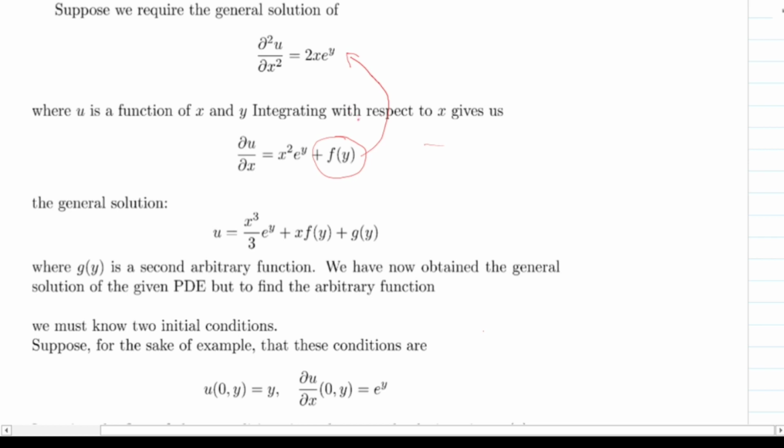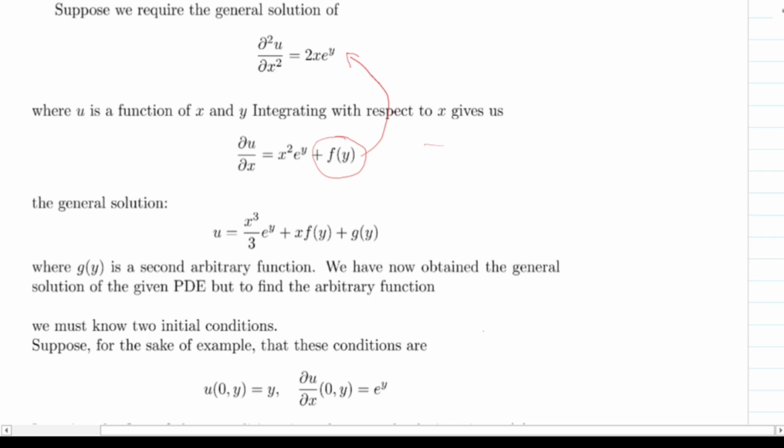Differentiating gives ∂²u/∂x² = 2x e^y, plus that arbitrary function should vanish to get the step back. So that should definitely be a function of y. Otherwise, if it were a function of x, there would be some value when you differentiate with respect to x. So we put f of y.